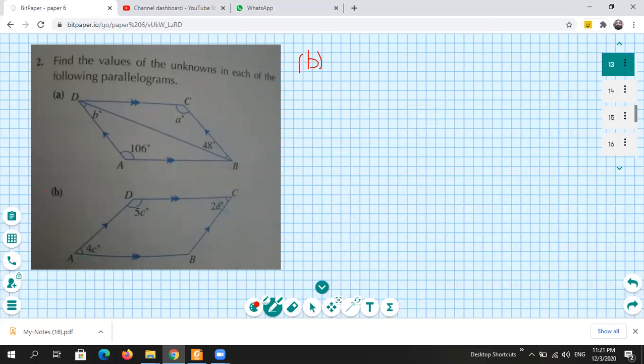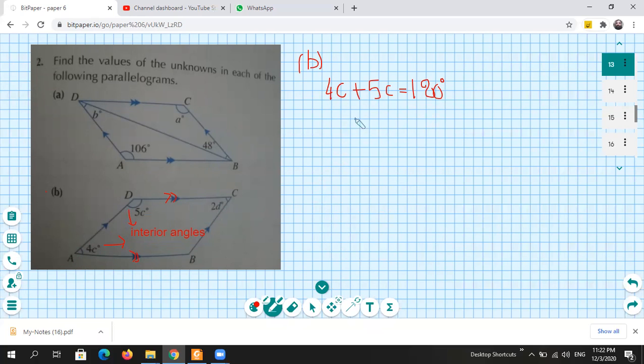So we have to find the angles, and we have studied that the opposite angles are equal. Similarly, as these two sides are parallel, so 4C and 5C, this angle and this angle, they are interior angles. So it means their sum should be equal to 4C plus 5C equal to 180 degrees. We have studied that in the previous chapter, that the sum of interior angles is 180 degrees, or interior angles are supplementary angles.